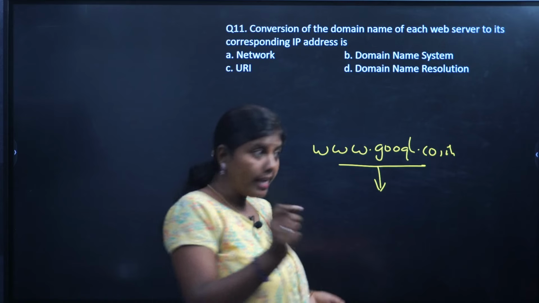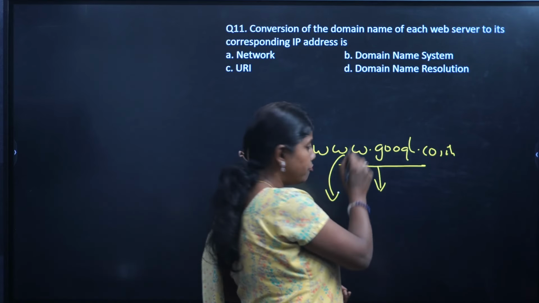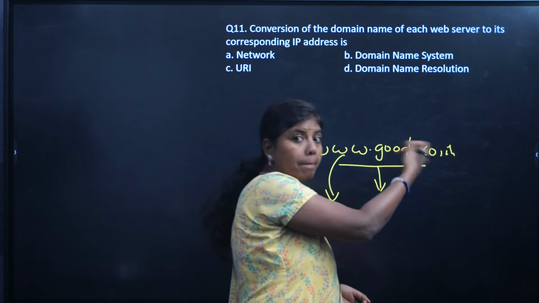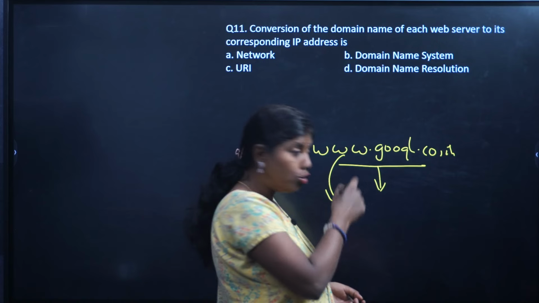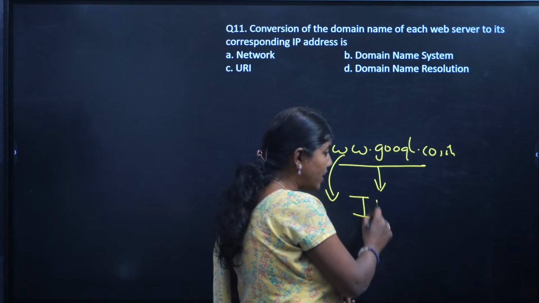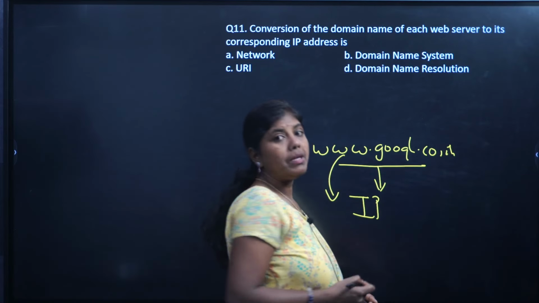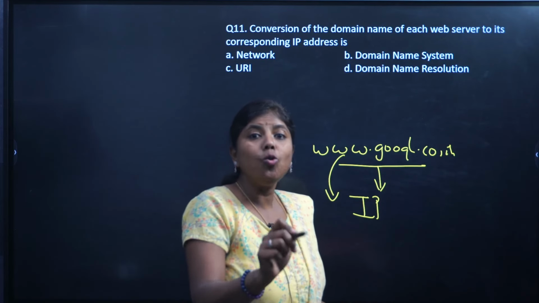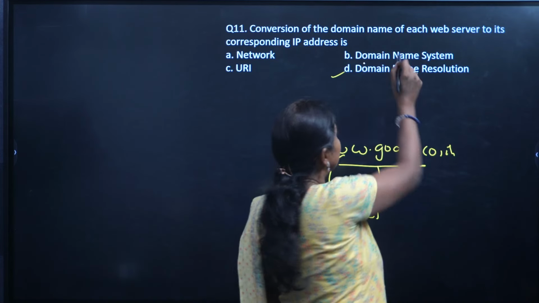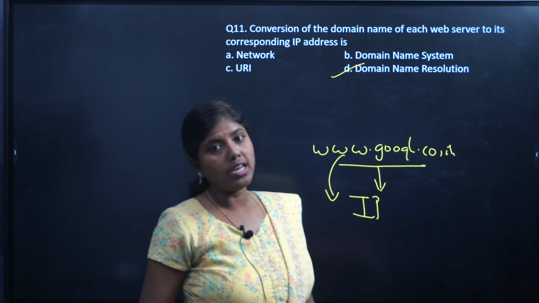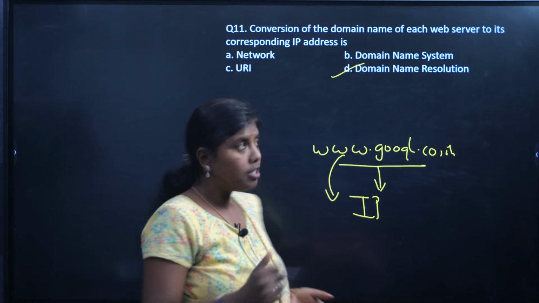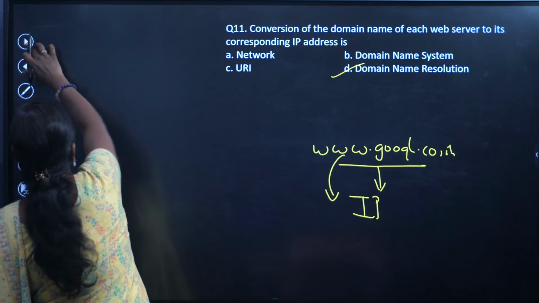This mapping of the domain name, the website name, to the IP address where exactly the web pages are stored is known as domain name resolution. Clear? We'll go to the next question.